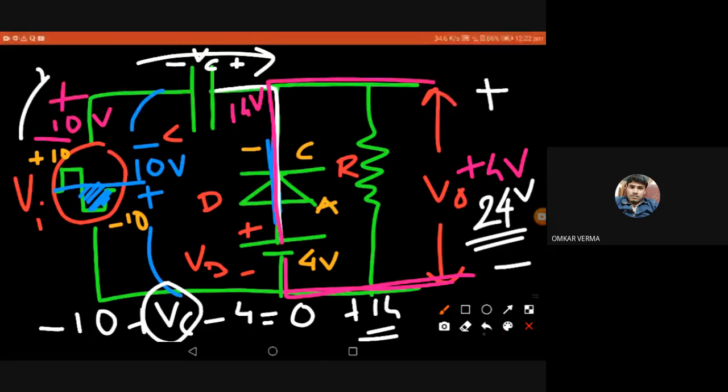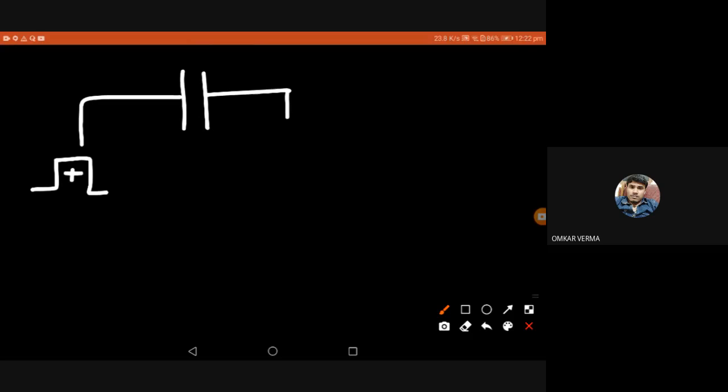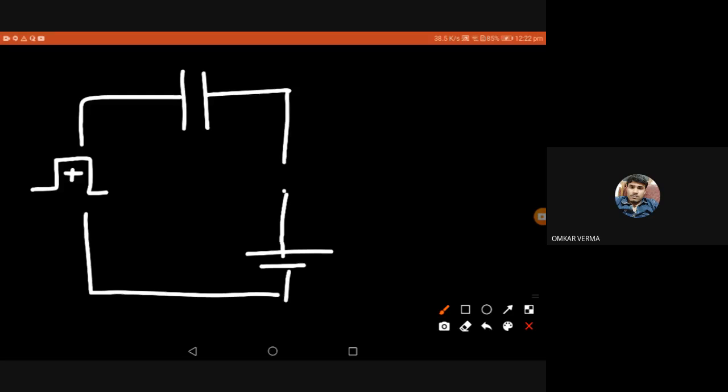I'm writing everything on the same board, so I think it may be a bit difficult for you to understand. So I'll just do it again. Okay. So right now we are assuming the positive cycle. We have the capacitor and diode, and in this direction your diode will be off. And now we have a resistor.